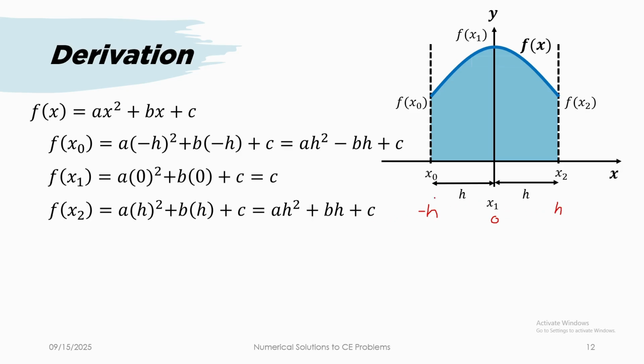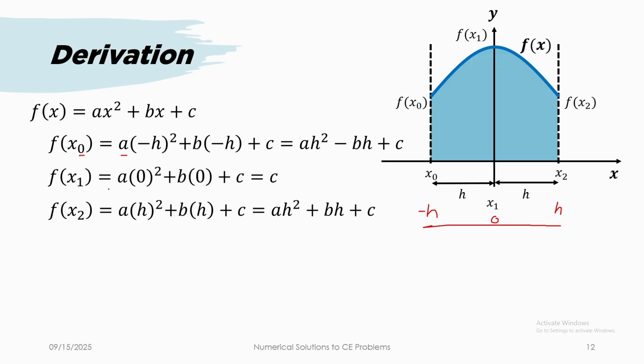Substituting these to the x's, we would get f of x sub 0 as a times negative h squared plus b times negative h plus c, which would lead to ah squared minus bh plus c.